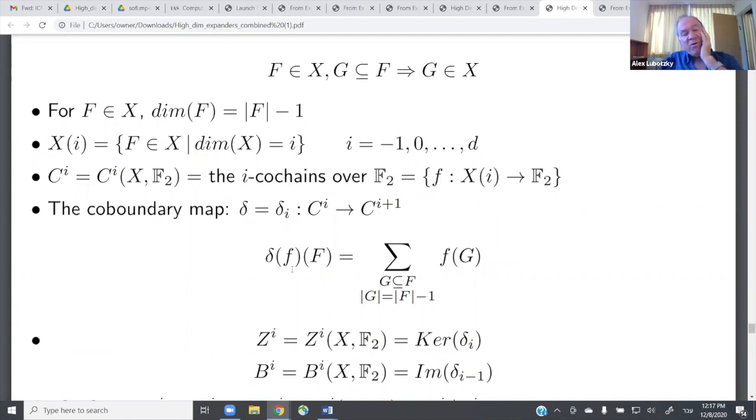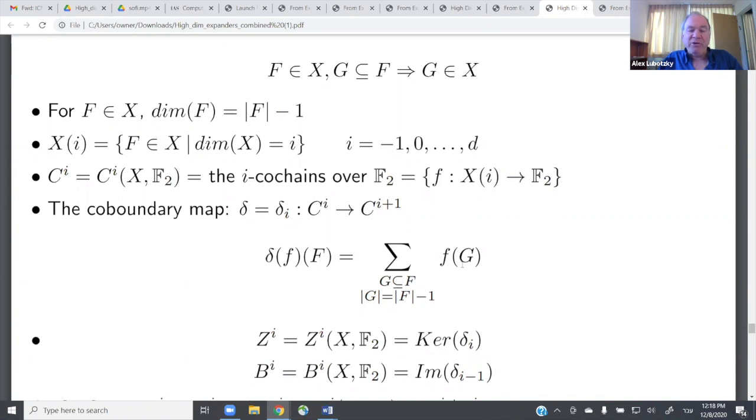You take delta of f, so delta is a map from Ci, from the i quotient to the i plus 1 quotient. Delta of f applied on a cell of dimension i plus 1 is just a sum of f of g, where g runs over all the codimension 1 faces of it.